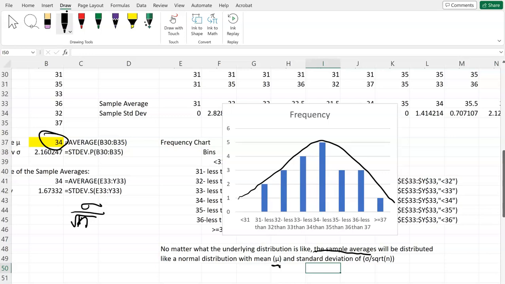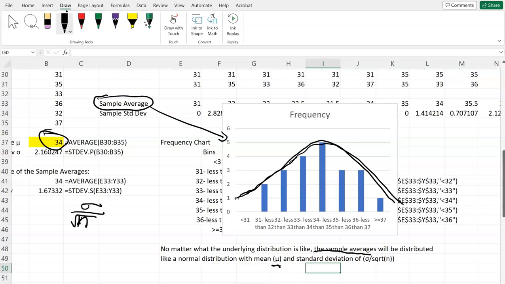So again, just to recap, no matter what our distribution is like, because the underlying distribution could be anything, once we take a bunch of samples and find each of the sample averages, and plot them in this graph, the frequency chart or distribution chart will look like a nice bell shape, a nice normal distribution.